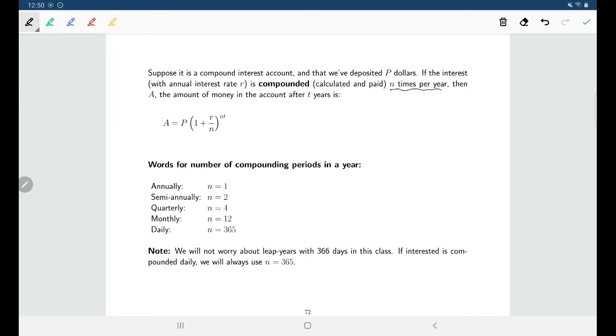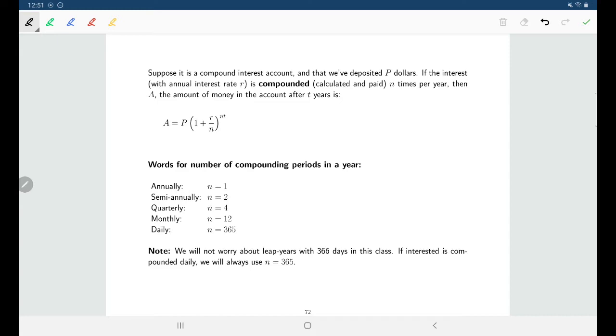How many times per year do we receive interest? So this means that when we're talking about compound interest, there's possibilities of the interest being paid maybe once a year if it's compounded annually, or semi-annually, or quarterly, or monthly, or weekly, or daily.